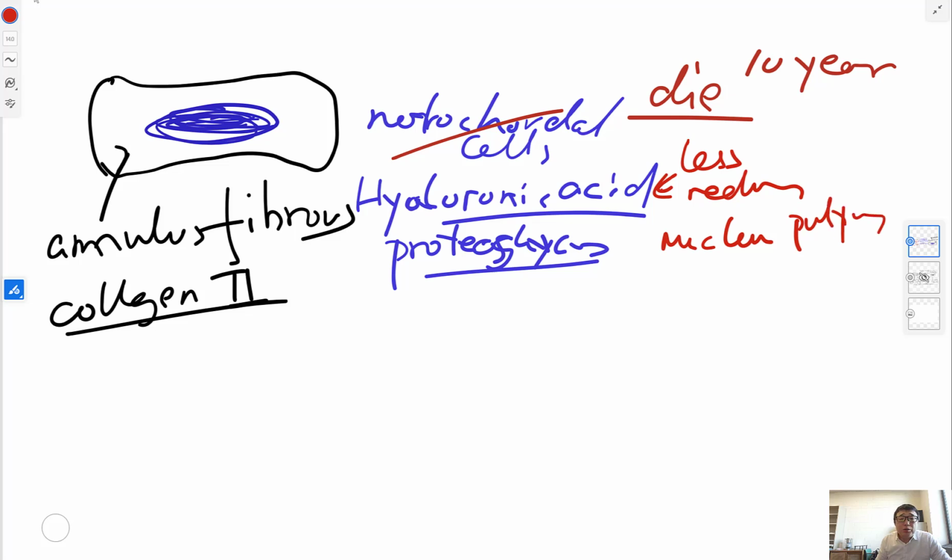And then the reduced signals also reduce this one.